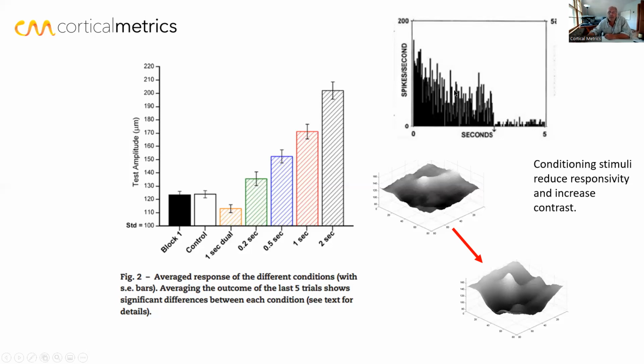Responsivity overall goes down, efficiency goes up, because look at this, initially you get an early response, but as you do more and more stimuli, you get a more interesting response and patterns get carved out. And that's really the whole point of the thing, what you want to measure. Those changes in responsivity also parallel the contrast enhancement. And what we want to do is measure that, and that's a very important feature of plasticity.